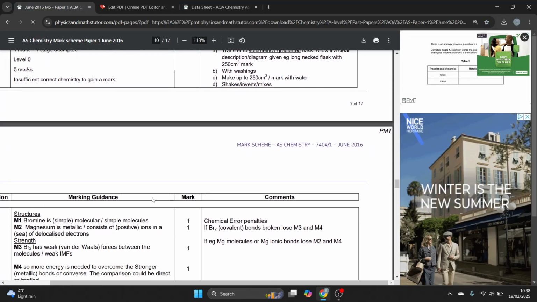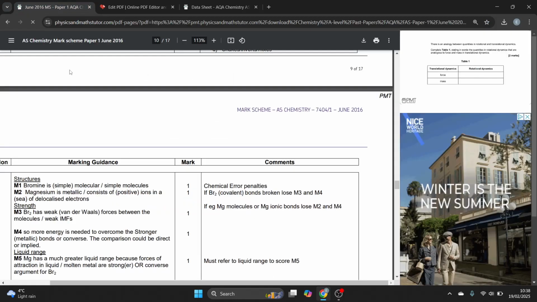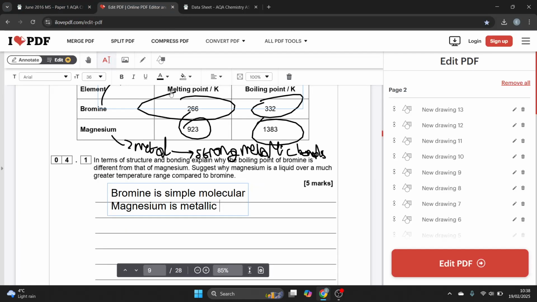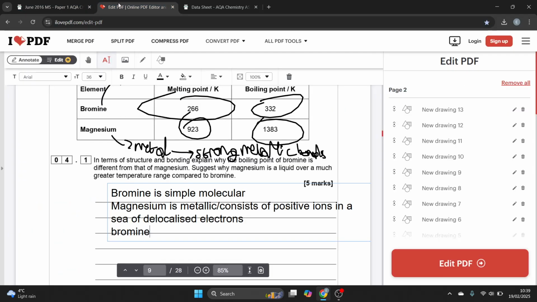So let's have a look at the mark scheme. Bromine simple molecular. Magnesium is metallic. It consists of positive ions and delocalized electrons. Then say bromine has weak van der Waals forces between molecules.